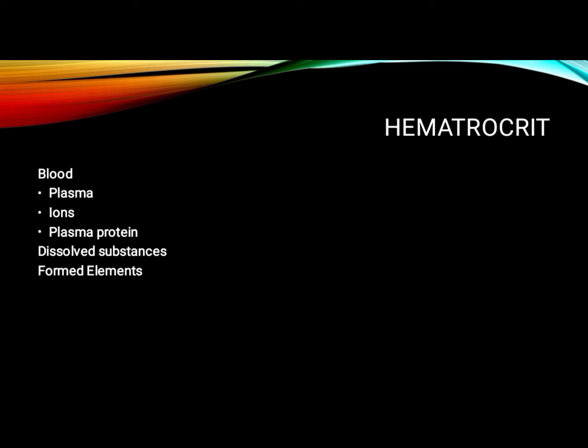And it is also composed of plasma proteins such as albumin and antibodies. It has also other dissolved substances such as urea, oxygen, and glucose, and has formed elements such as red blood cells, white blood cells, and platelets.